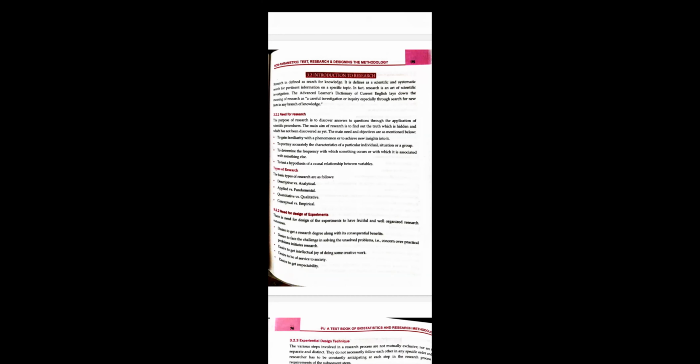Next, what are the experimental design techniques? What are the different types of experimental design techniques? Experimental design techniques consist of 11 steps.